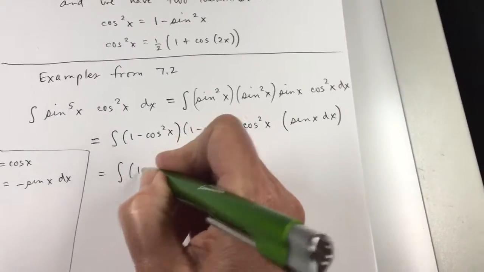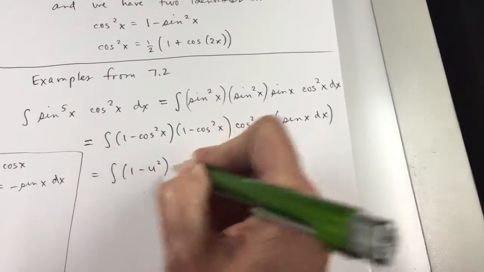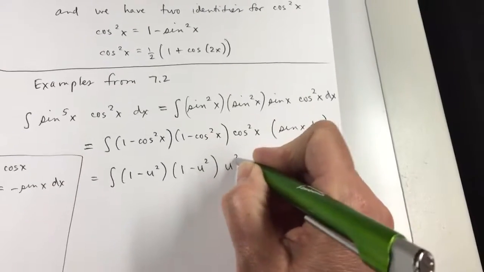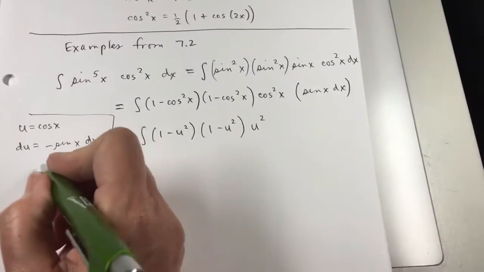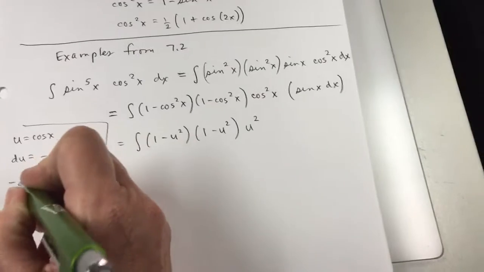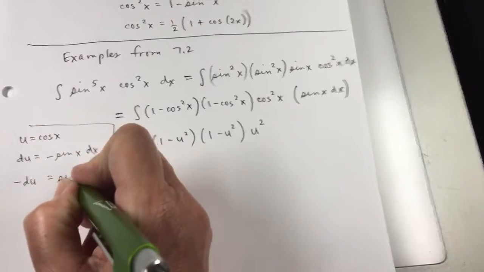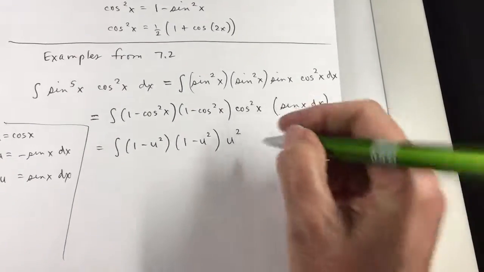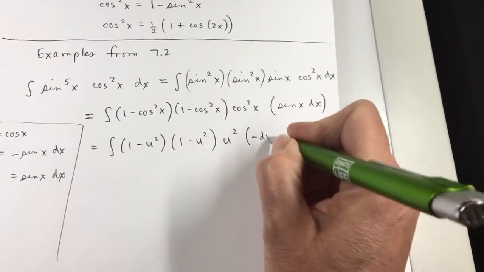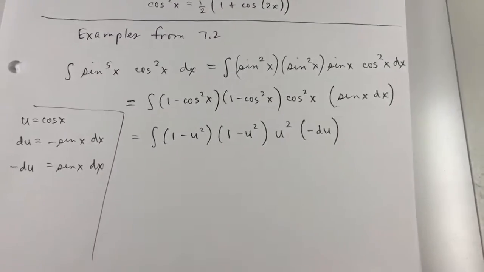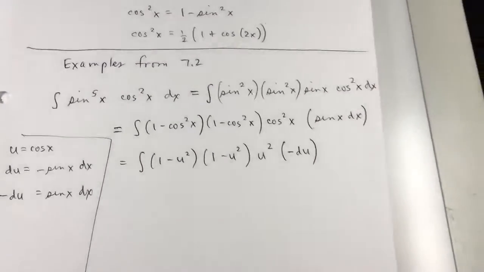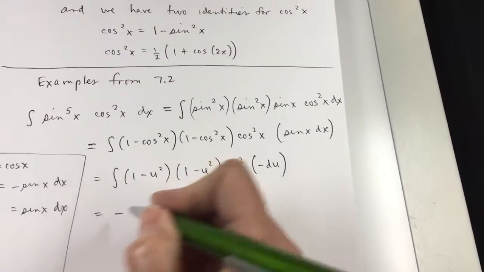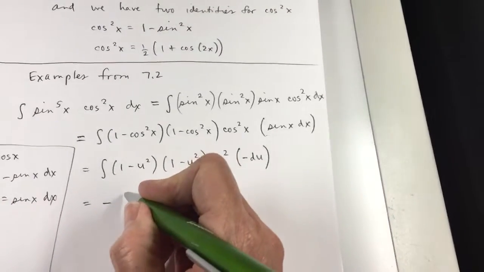This is the integral of 1 minus u squared times 1 minus u squared times u squared. Let me go back and say negative du is sine x dx. So all of this there is negative du. I'm going to factor the negative sign out and put it in front of the integral sign.